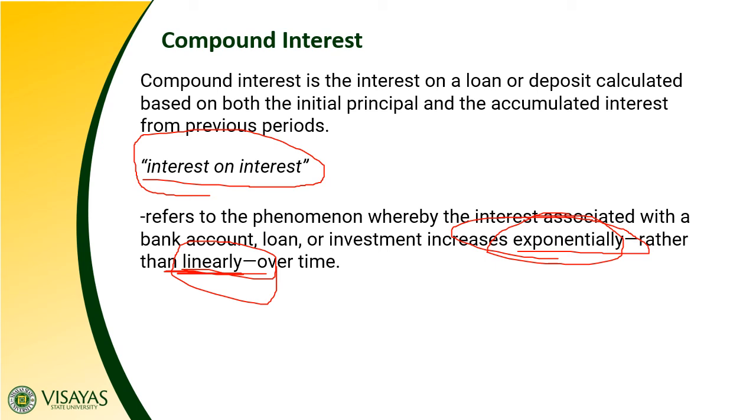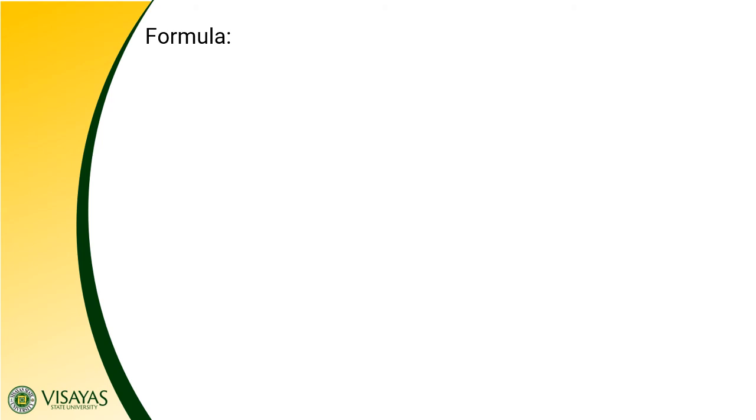Okay? And in answering the problem involving compound interest, we have here the formula. So, A is equal to P times (1 plus R over N) raised to N times T. Yung naka-raise lang sa N times T is yung quantity na 1 plus R over N. Okay?